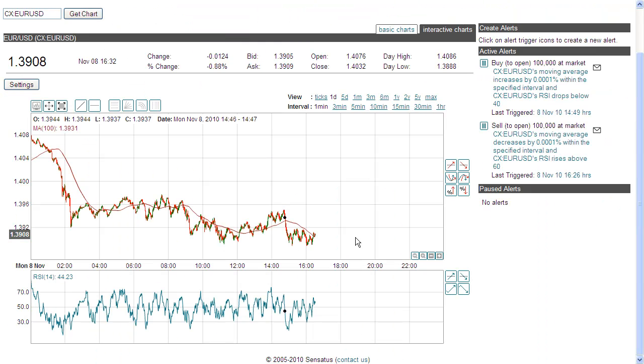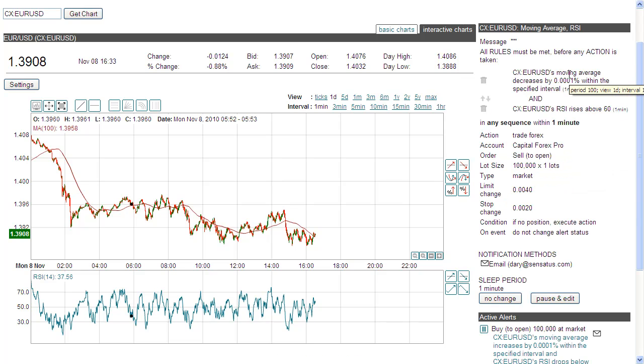The strategy that was used on the euro dollar and the euro pound: the moving average based on 100 periods was decreasing and the RSI rose above 60. We were selling to open a position, and so the theory is, while in a downward trend, if the price rallies and the overall trend is down, you sell to open a position on the principle that the price will correct.